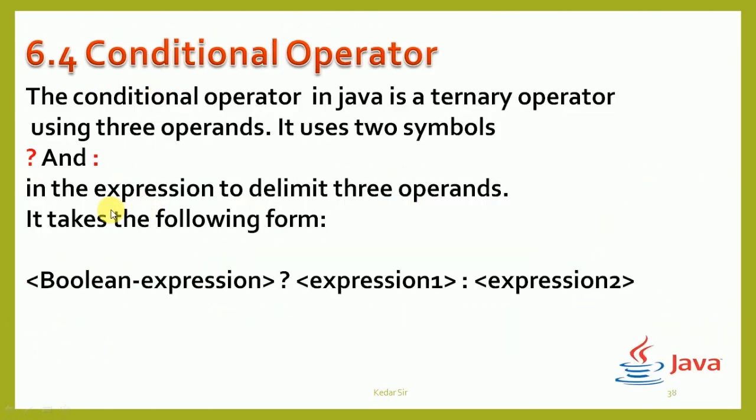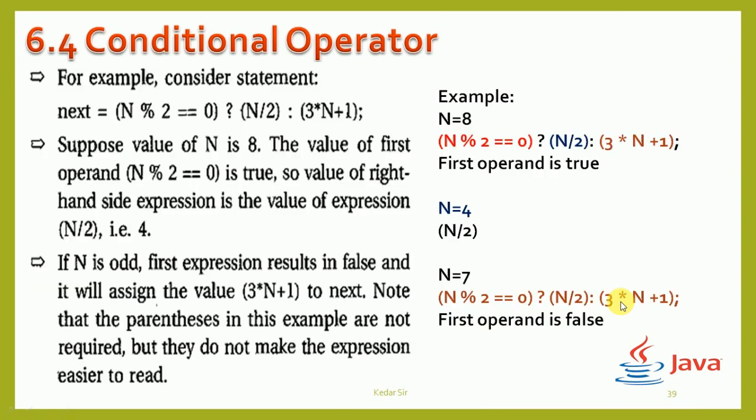After that, the conditional operator. The conditional operator in Java is the ternary operator. It uses three operands, and two symbols, the question mark and the colon sign, to delimit these three operands. It takes the following form: Boolean expression, question mark, expression 1, colon, expression 2.